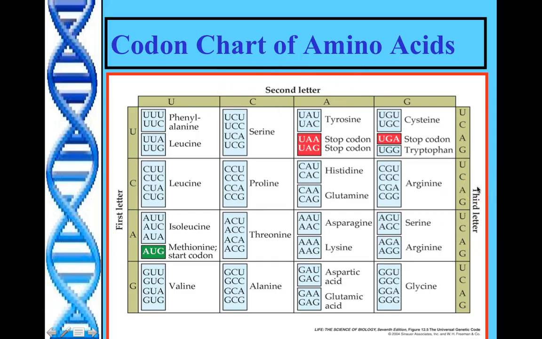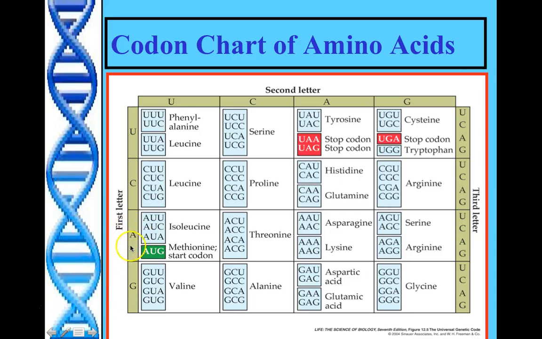So let's just say we were looking for AUG. All right, pretty simple to find that one, right? AUG stands for methionine, and methionine is the name of that amino acid that's coded. And remember, that's also our start codon. So if we work backwards, what is the code for methionine?